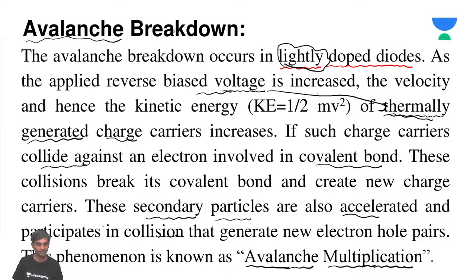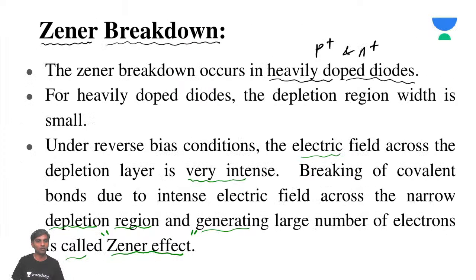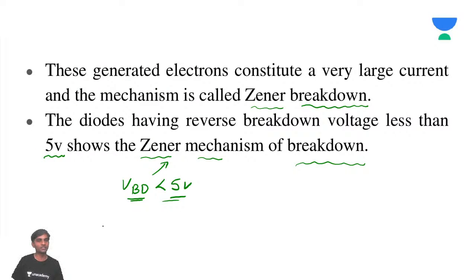Avalanche breakdown happens because of collisions and carrier multiplication, whereas Zener breakdown happens because of the rupture of the covalent bonds.